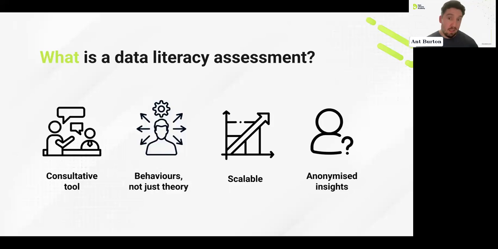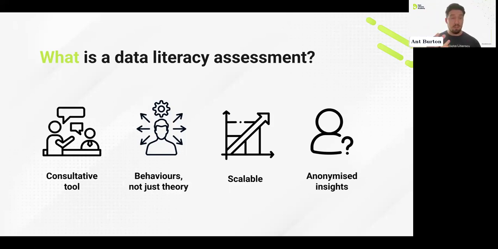Thanks, Greg. Yeah, so I think as Greg alluded to, often there is an intuition internally that a problem already exists. But if we take a step back to start with and think about how we might define a data literacy assessment, many organizations, when they're looking at the data, tend to start with infrastructure capabilities, what tools are in place, what systems are used, and like Greg alluded to earlier, that higher end of the curve.